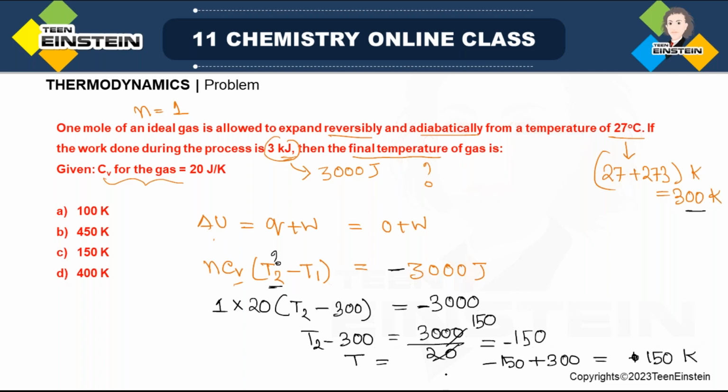So 150 Kelvin, that means here the correct option should be option C. So final temperature is 150. That means here temperature is decreasing compared to the initial temperature because initial temperature is 300 Kelvin. So final temperature should be lesser than this. Okay, so that is why there is a cooling going on. Final temperature is less. So option C, that is the correct option.